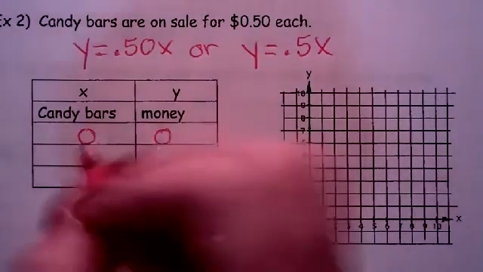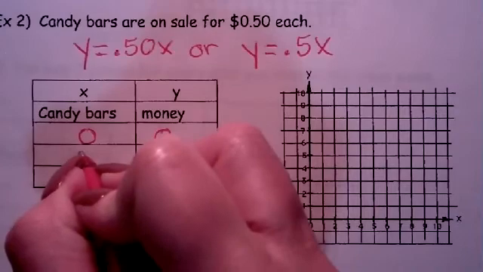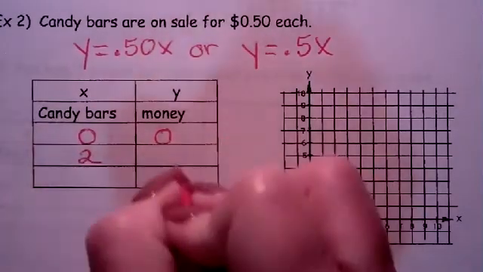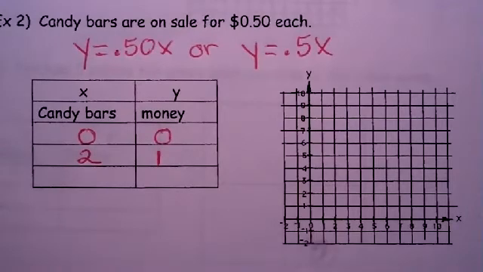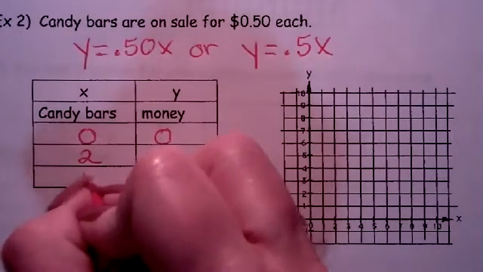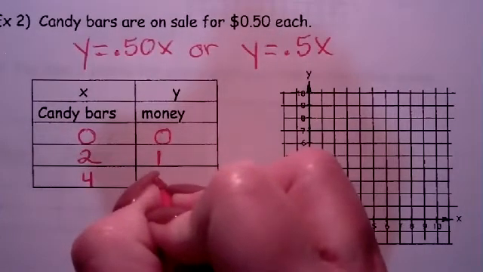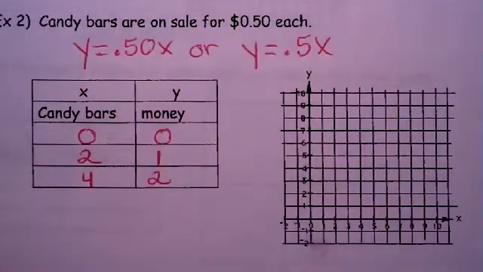So I am going to pick 2 because if I buy 2 candy bars, I'm spending $1. Oh, that's a nice, easy whole number to graph. Okay, not going to pick 3. Again, that's going to give you a decimal. But what if I picked 4? That means I'm spending $2. Okay, now I have 3 points I can graph over here.